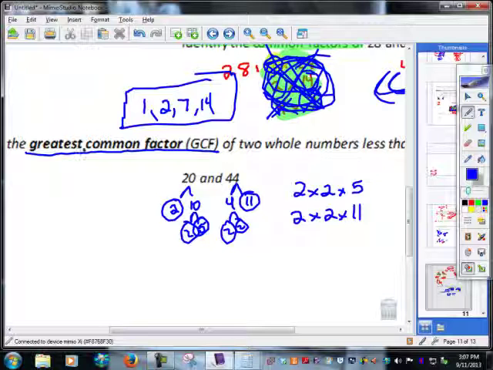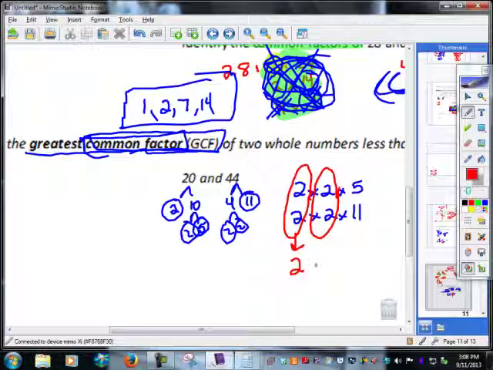Now, since we're doing common factor, notice I'm looking for just that, guys. Just those 2 words. You look for common factors. I see that we have 2's in common. I see that we have another 2 in common. Okay, so that means we have 1 2 in common. We have another 2 in common. My GCF here is 4.